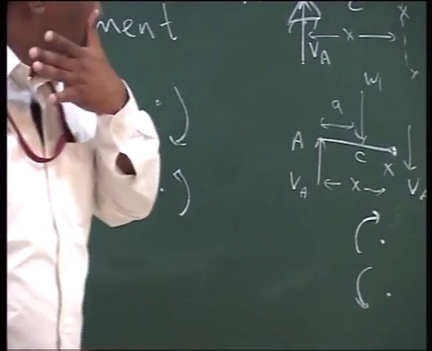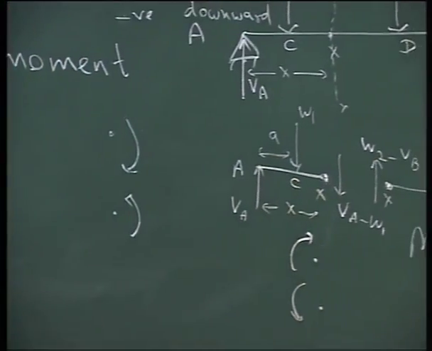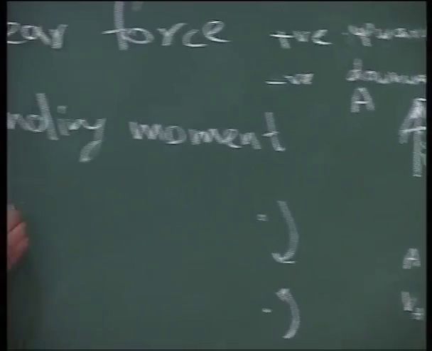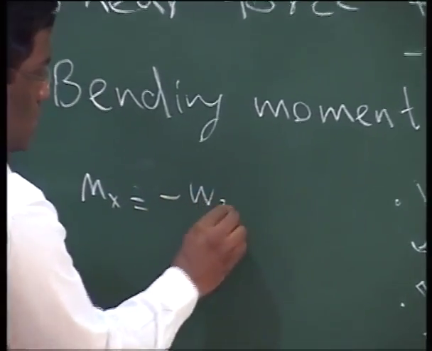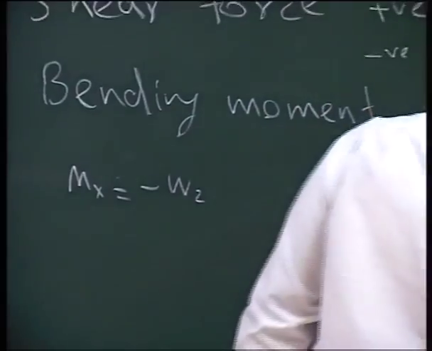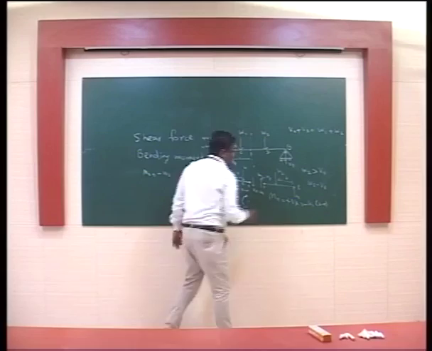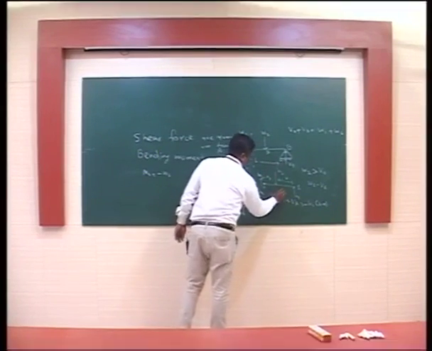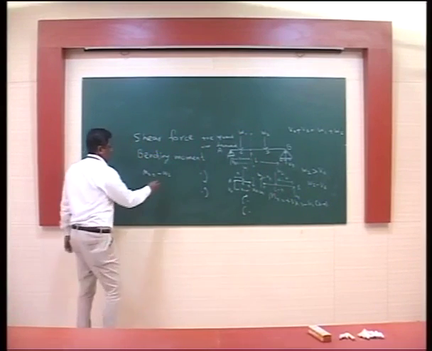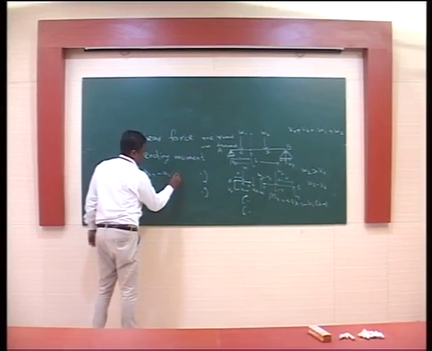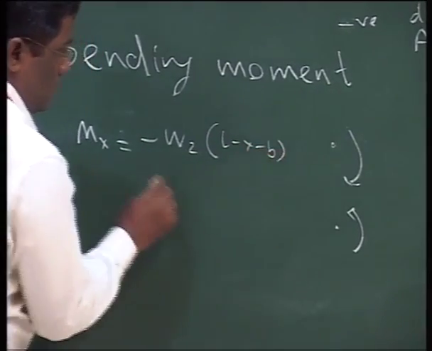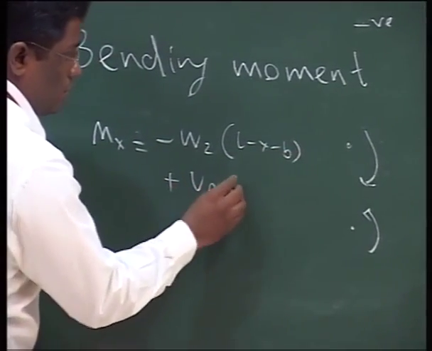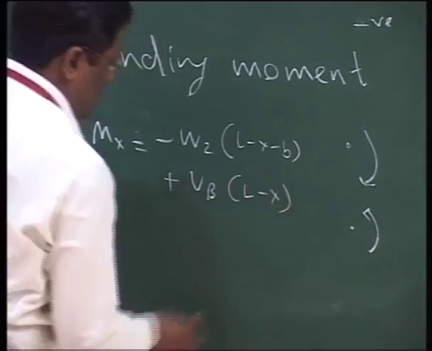That means that in this particular system, W2 will be considered negative. So we can say minus W2, and if we assume that this distance is B, then the whole will be L. It will be L minus x. So minus W2 into L minus x minus B plus VB into L minus x.